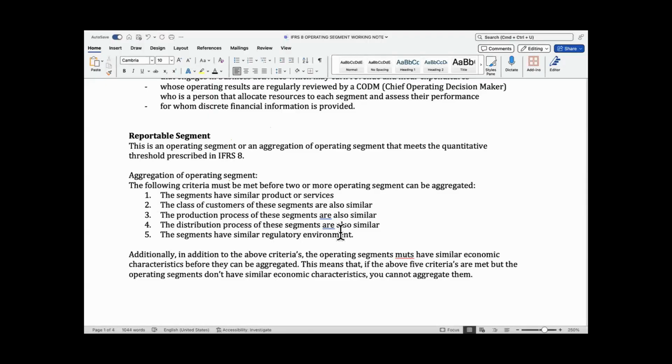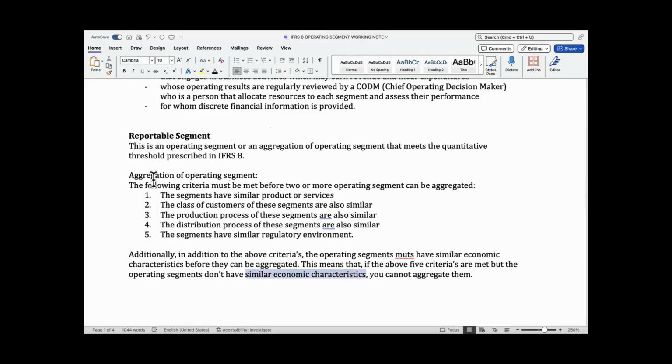When you look at indicators like the inflation rates that they face, the exchange rate environment, and even their financial indicators like their gross profit margin and the rest, this is the ultimate.